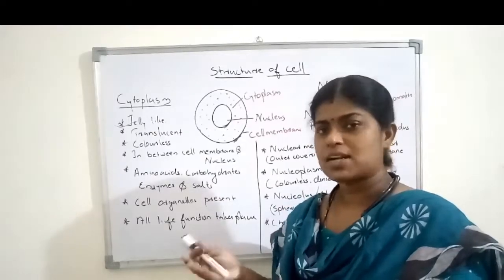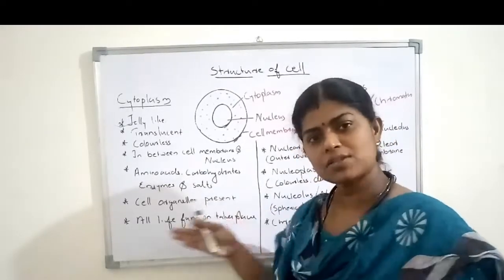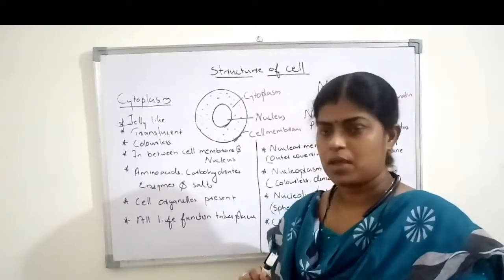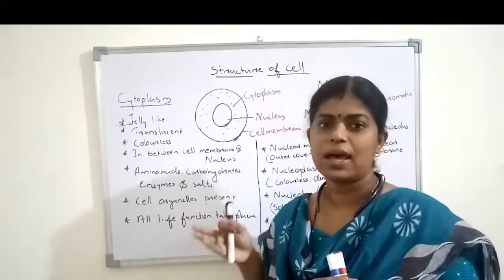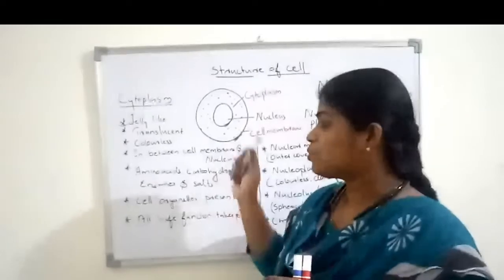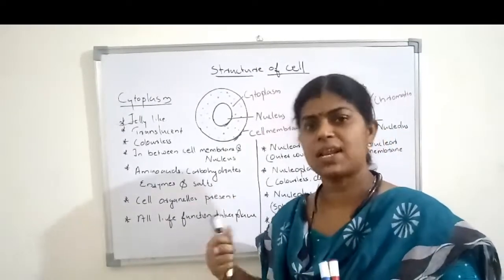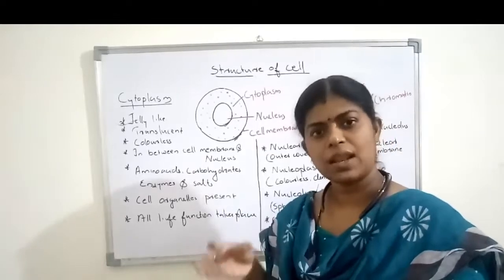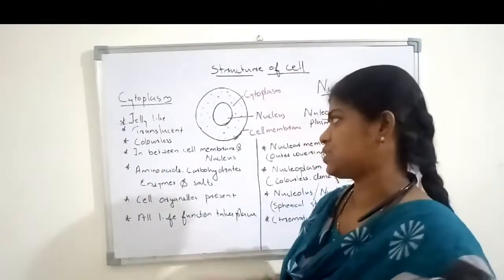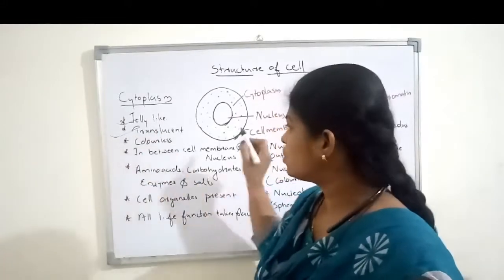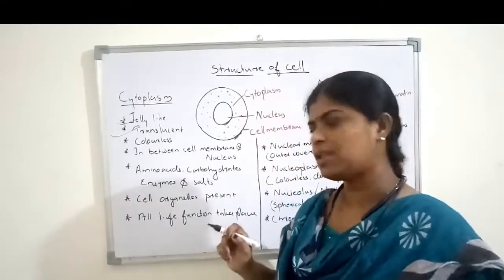If you take a transparent glass, light can pass through without any problem. But some materials do not allow light to pass through. Cytoplasm is not like that. It is partially allowing the light to pass through, so it is known as translucent.